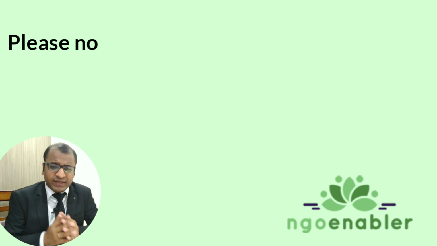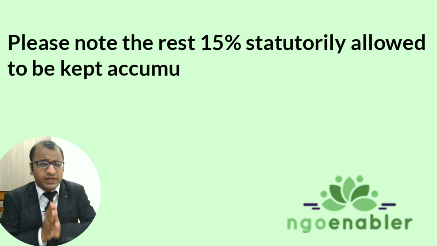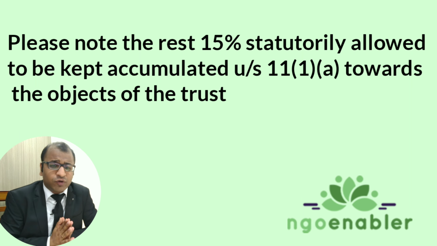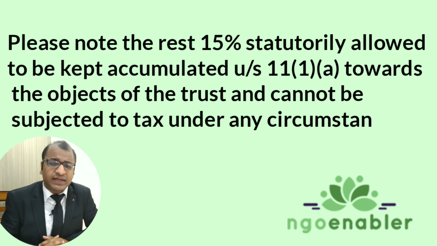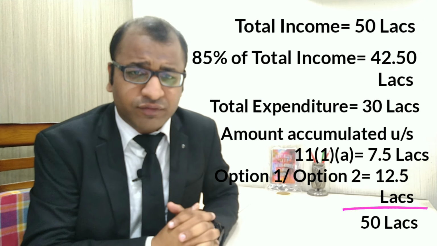Please note, the remaining 15% is statutorily allowed to be kept accumulated under section 11(1)(a) towards the object of the trust and cannot be subjected to tax under any circumstances. So there are 3 sections which are involved.